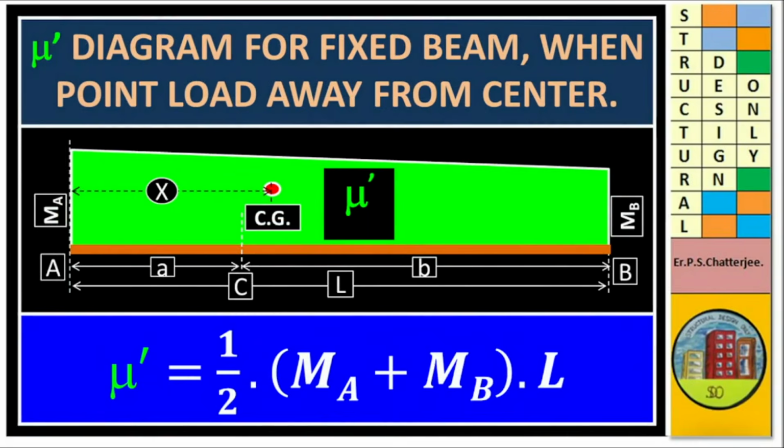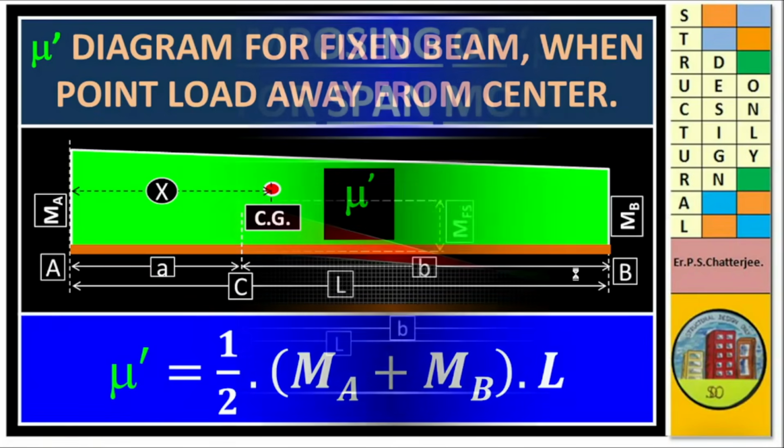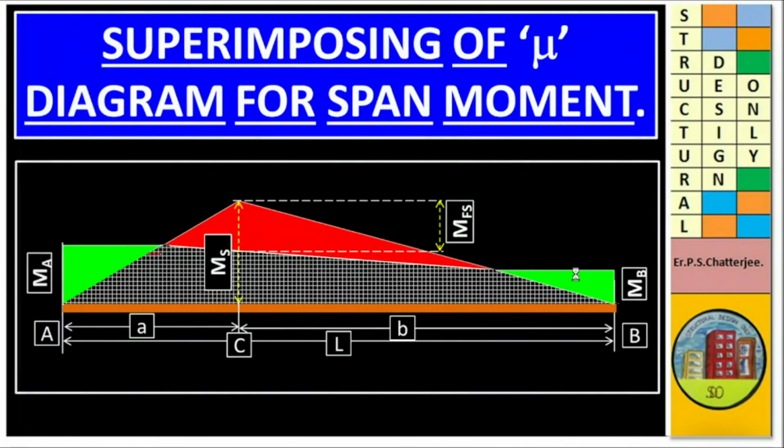Bending moment diagram for fixed beam. Here it is MA and it is MB. So area will be half into MA plus MB into L. And this is superimposing of mu diagram for span moment.